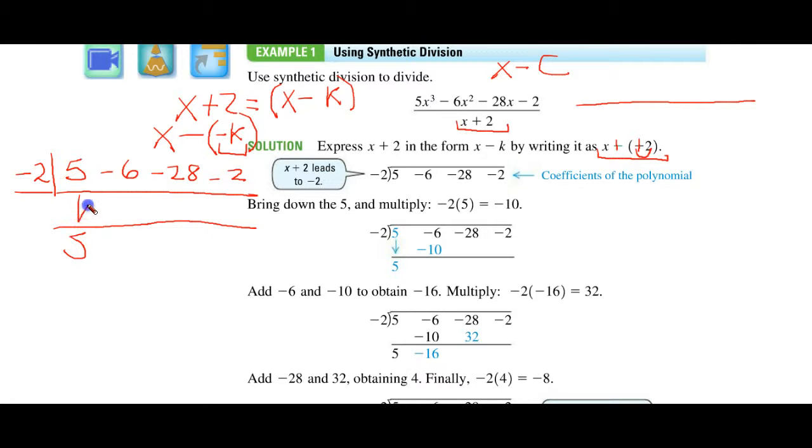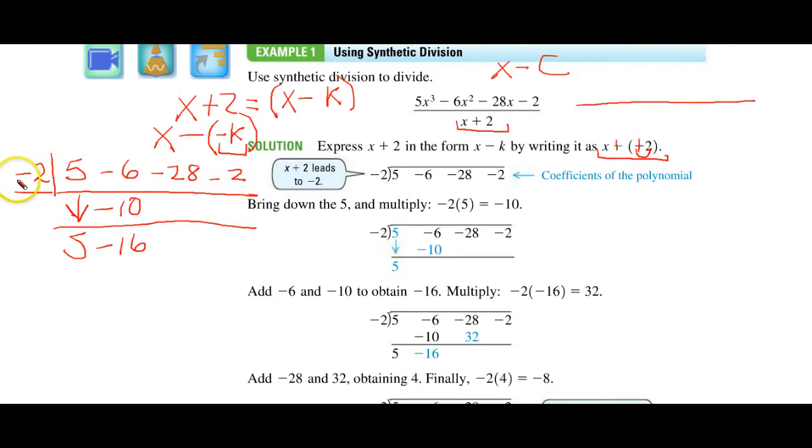What we often do is put an arrow right there to indicate we just bring our 5 down. Now we multiply our -2 times 5 and get a -10. Here we don't have to change signs or anything, we just add. This becomes a -16.